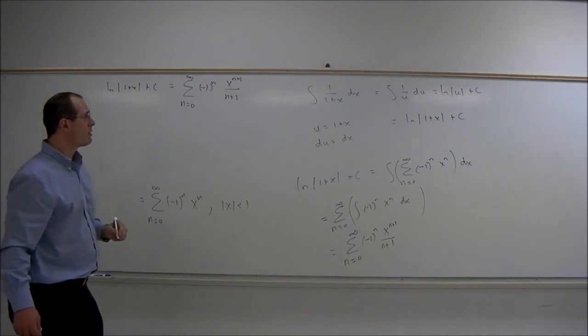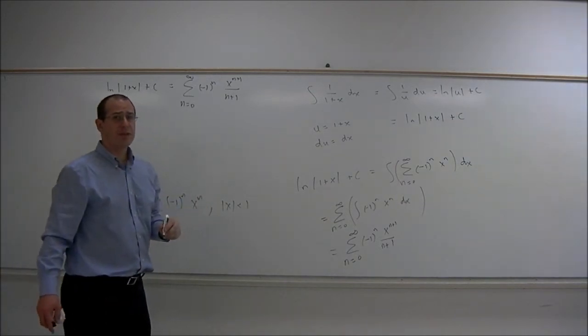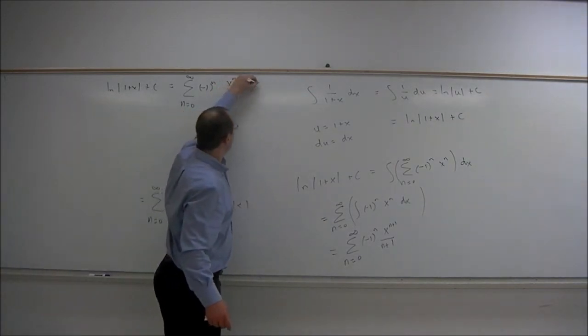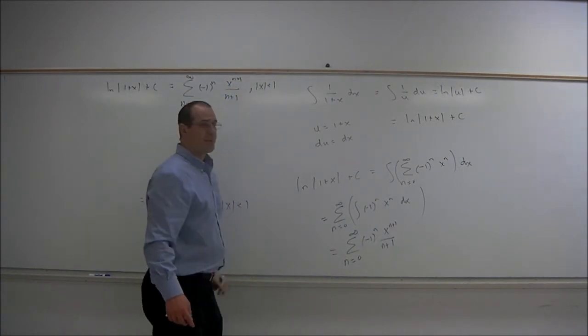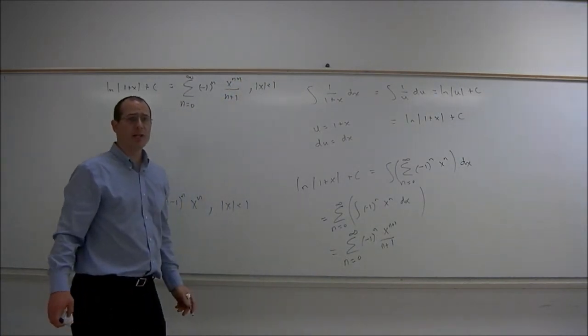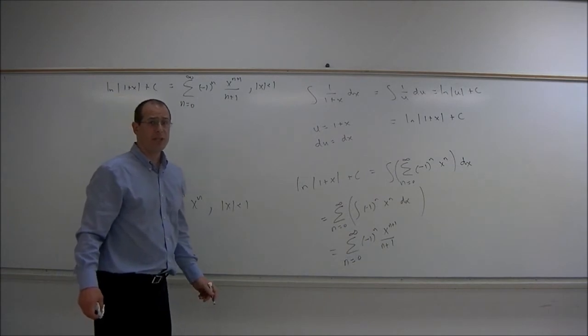And when you integrate a power series, the interval of convergence is essentially unchanged. So the interval of convergence will still be the absolute value of x less than 1. Actually, there will be a slight improvement that we will investigate in just a moment.